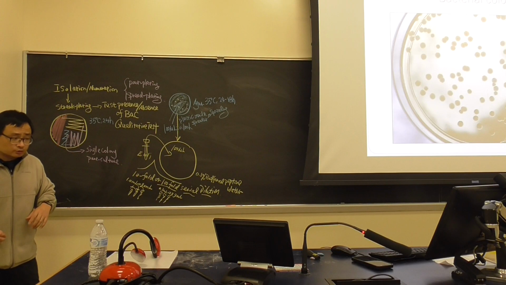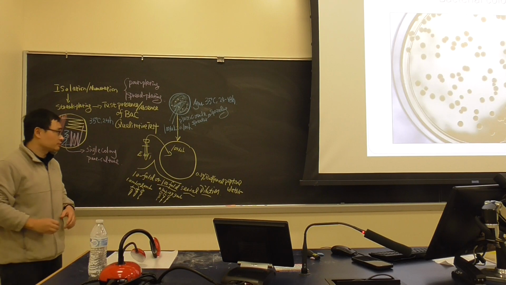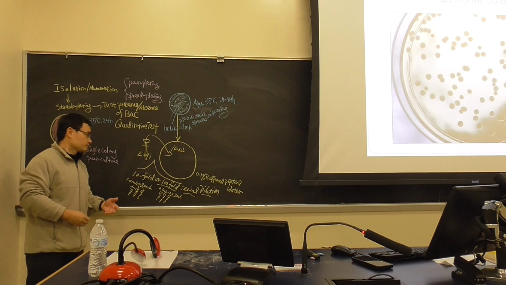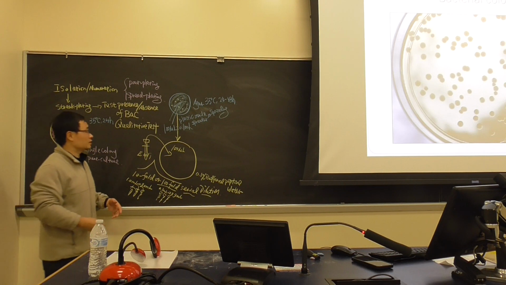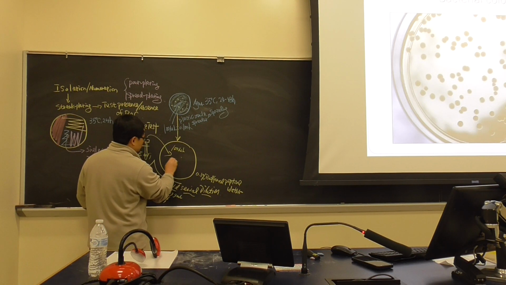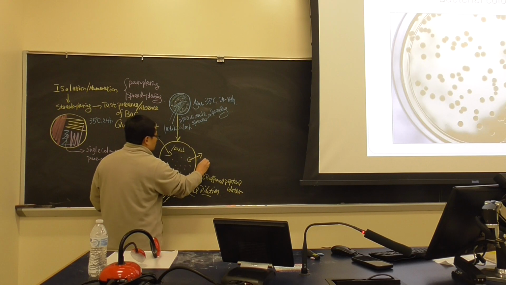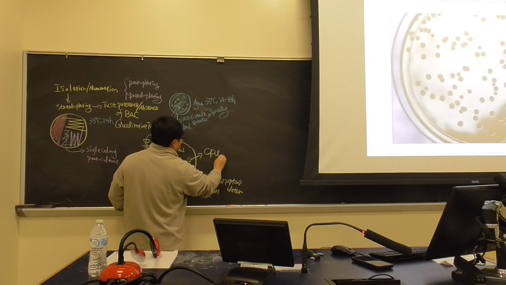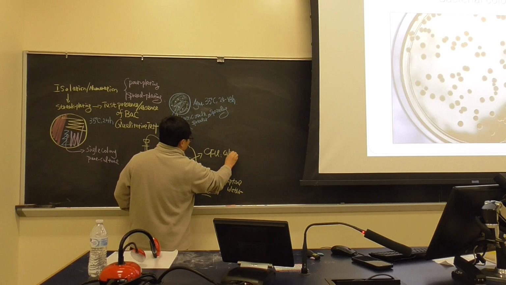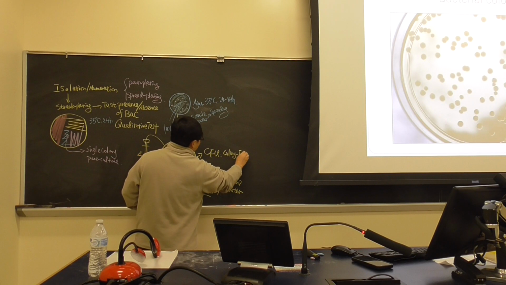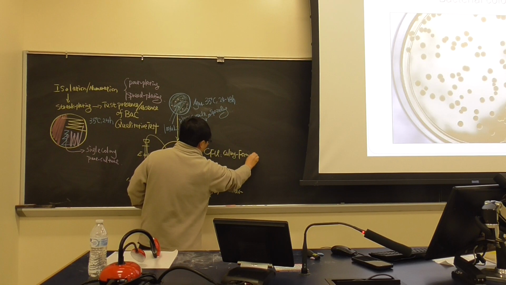So we don't use distilled water, we use this buffered peptone water. Therefore we get those single colonies there. That's important. Now every single colony when you count it, we call it CFU, which stands for colony forming unit.